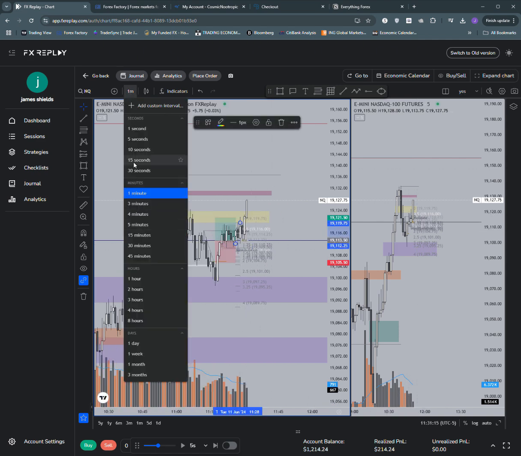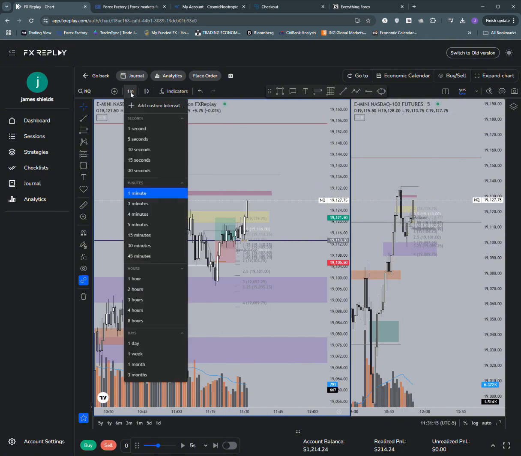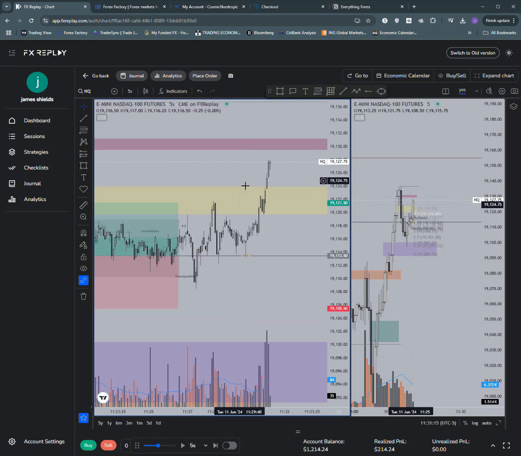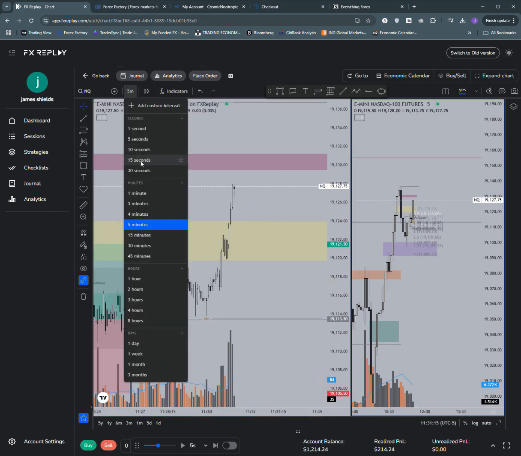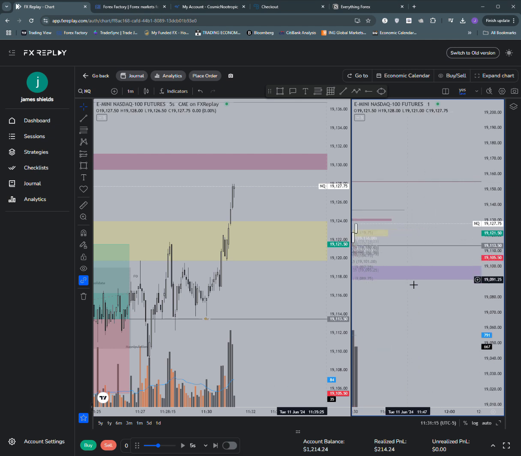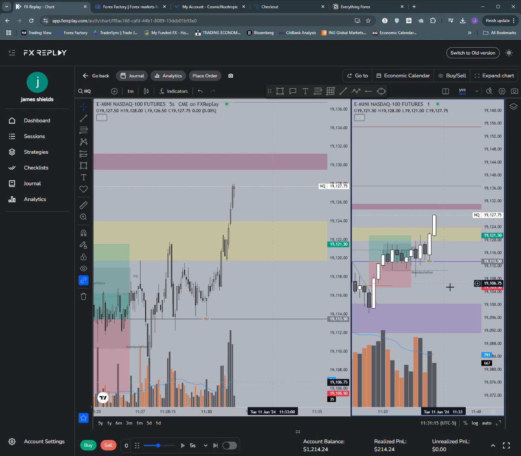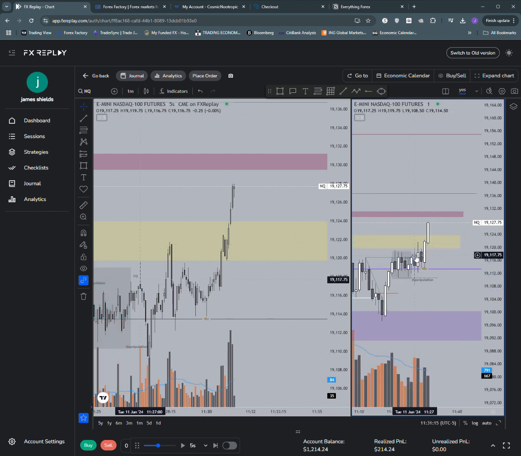Okay, and then we go. I should have had that in the pictures, but let's see how it delivers. And we'll put this one at the 1 minute. I don't need that.